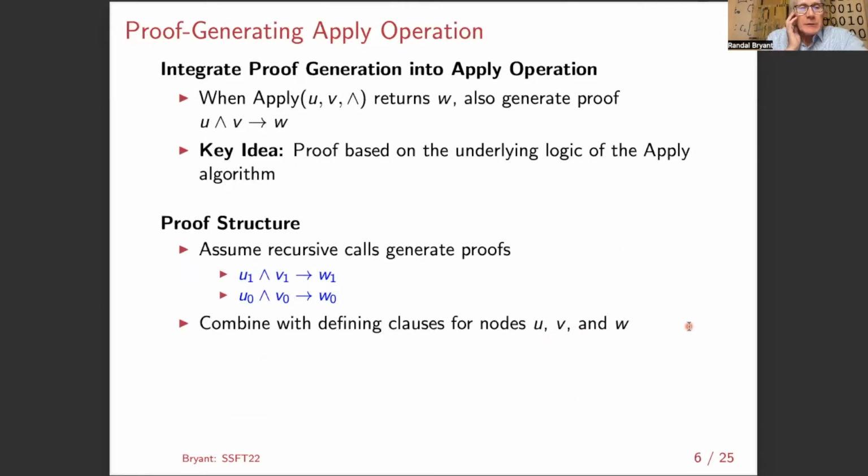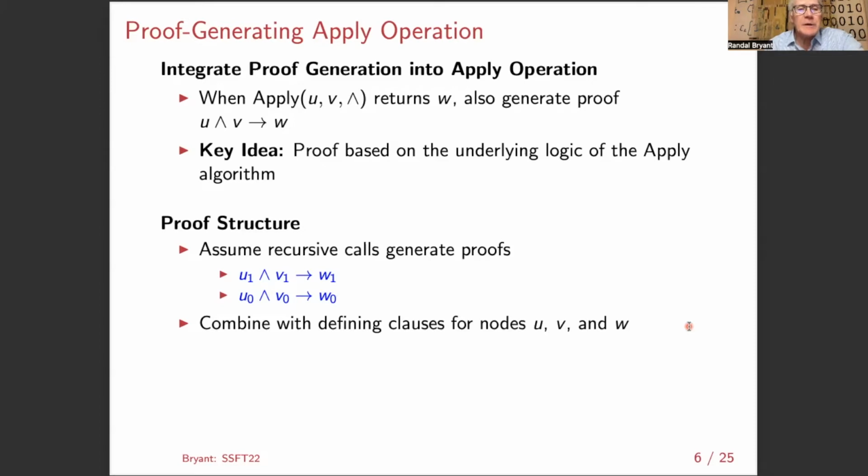And what we want to do is also generate the steps of a proof that show that the respective extension variables for those nodes, u, v, and w, satisfy u and v implies w, exactly what we'd expect from conjunction.